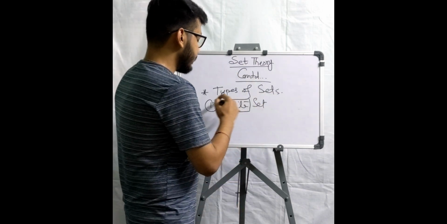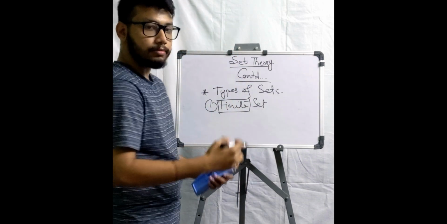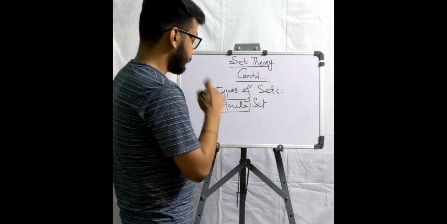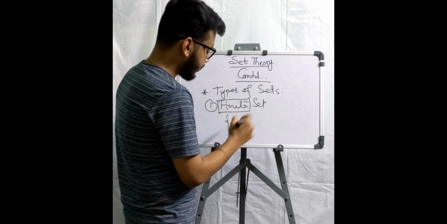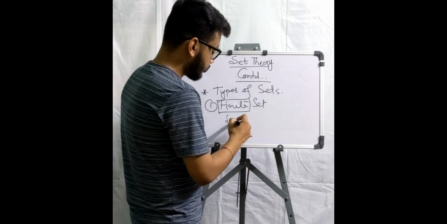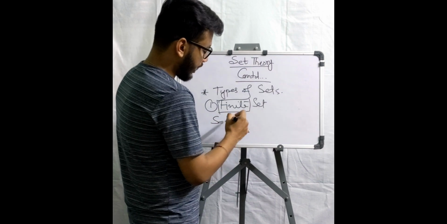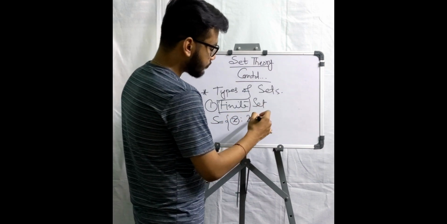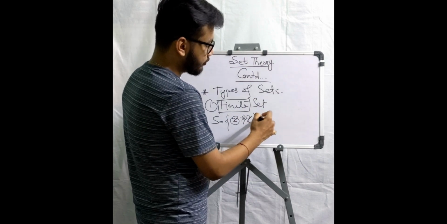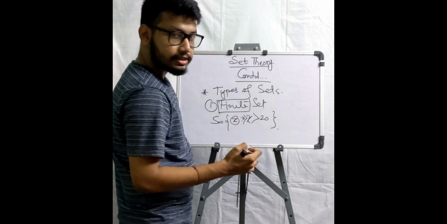Obviously, finite means it is definite, right? So a set which has got a finite number of elements is basically known as a finite set. For example, if I write it in the set builder form, which we discussed in our last video, it's like S equals x such that x is greater than 10 but less than 20.